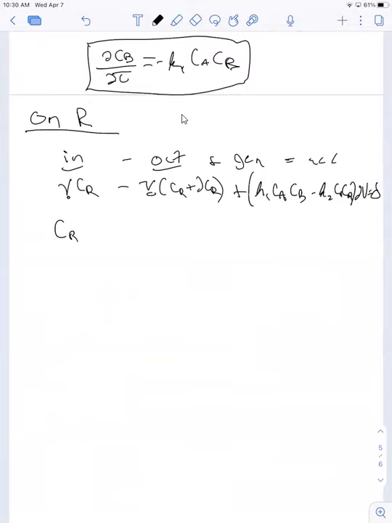These two are going to cancel, so we're left with V CR. We divide by volumetric flow rate, and it's going to equal V over V naught times, which we'll make tau, and then that would be K1 CA CB minus K2 CA CR.